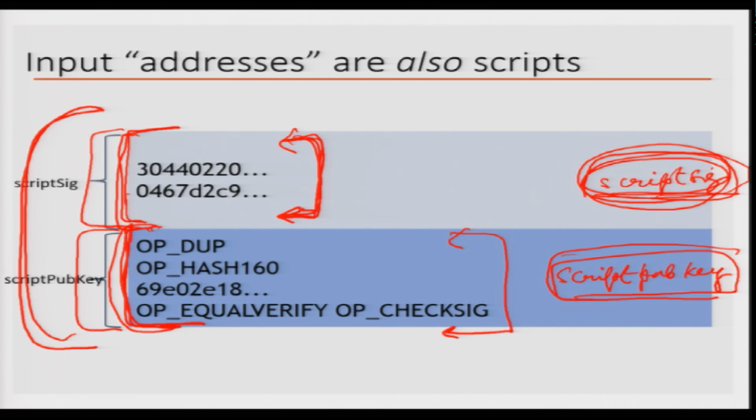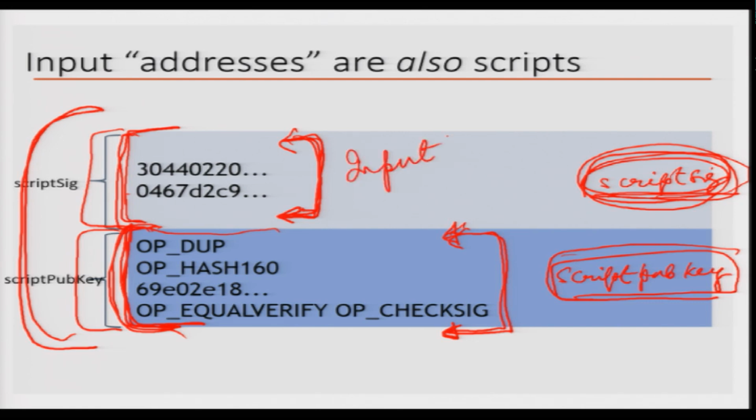So, what this has to do is take the corresponding outputs from the previous transaction, the pub script, the script pub key, and then concatenate them together. It is not that the input and output of the current transaction are concatenated.